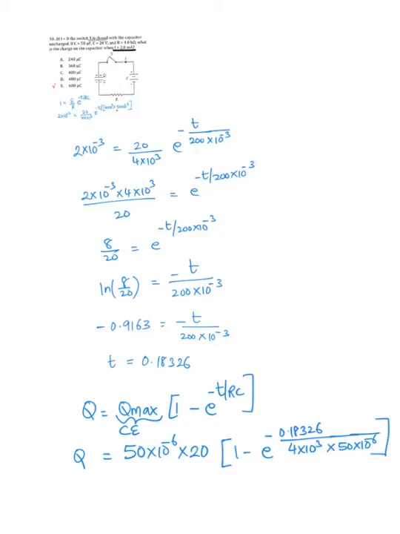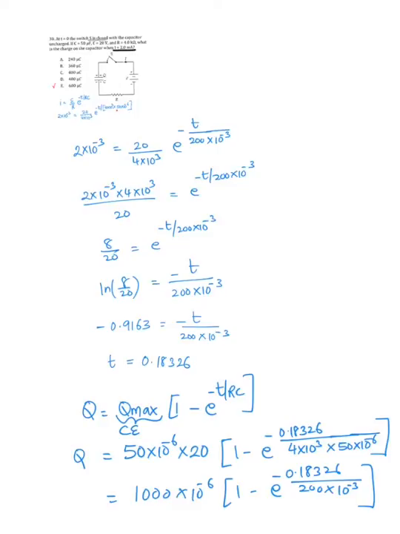Let's check whether we get the answer or not. So that will be 1000 into 10 to the power negative 6 and 1 minus e to the power of negative 0.18326 over 200 into 10 to the power of negative 3. Now let me calculate that.